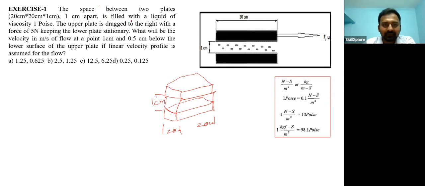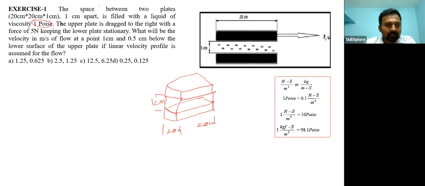The 1 centimeter gap is filled with a liquid of viscosity 1 poise. Okay, so we all know that 1 poise is equal to 0.1 Newton second per meter square. This is also a unit of viscosity.